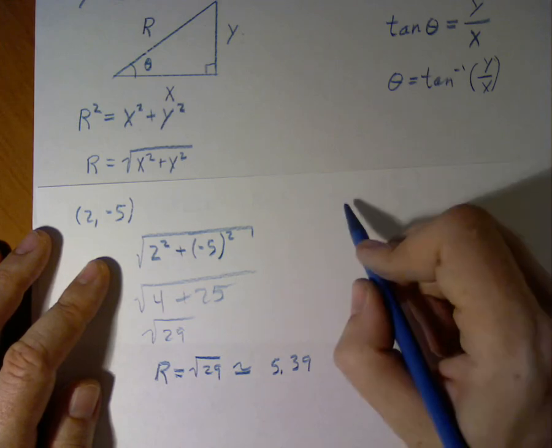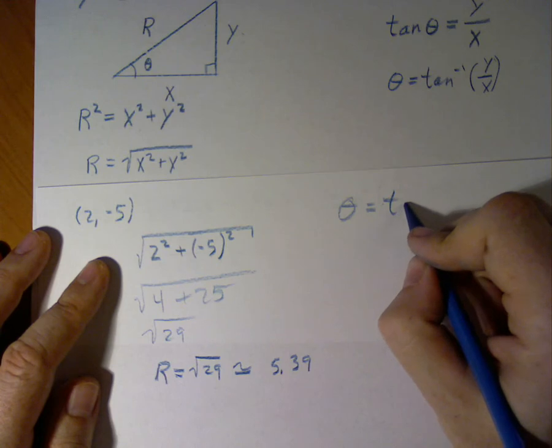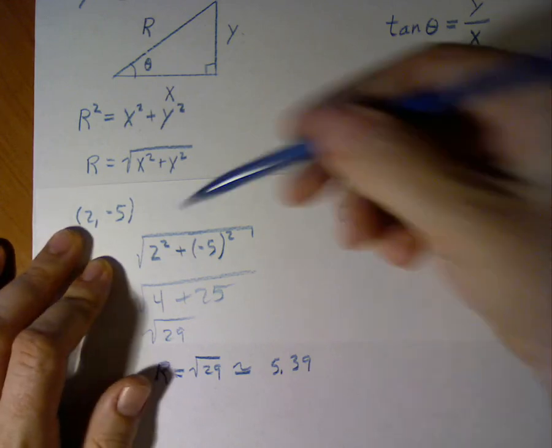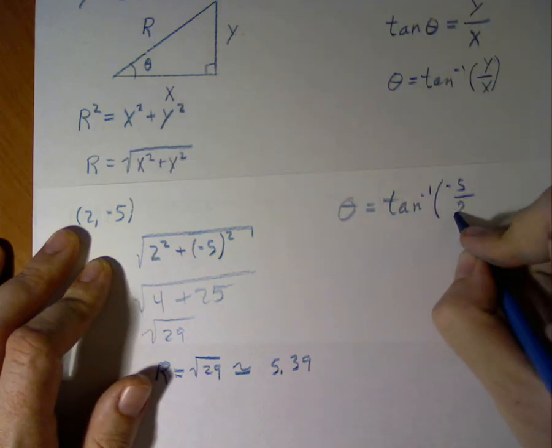Likewise, our angle is determined from the inverse tangent again of y, which is negative 5, over 2.